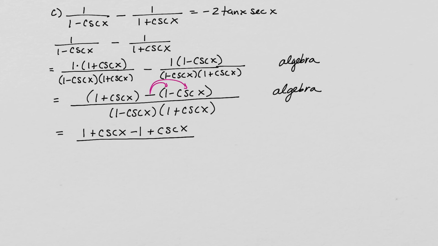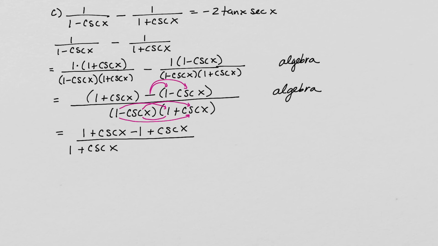So down here on the bottom, I would need to FOIL these. I'm going to need to do 1 times 1, 1 times cosecant of x, minus cosecant of x times 1, and minus cosecant of x times cosecant of x. So on the bottom, 1 times 1 is 1. 1 times cosecant of x is cosecant of x.